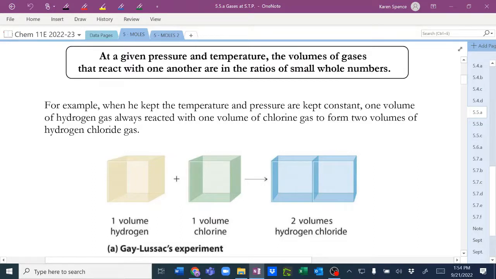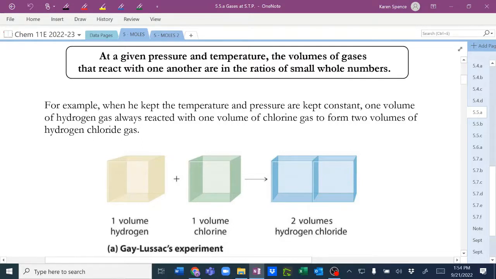Does that mean that in this volume, only so much of it, what's stopping the majority of it from reacting? So if you have 1 volume hydrogen and like half volume chlorine, what's stopping you from having just one volume hydrogen chloride and then half the volume?